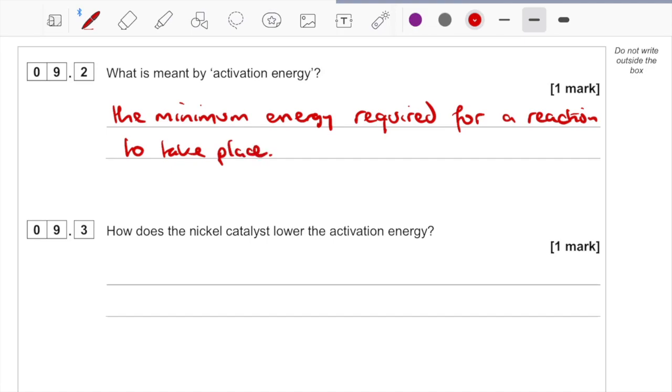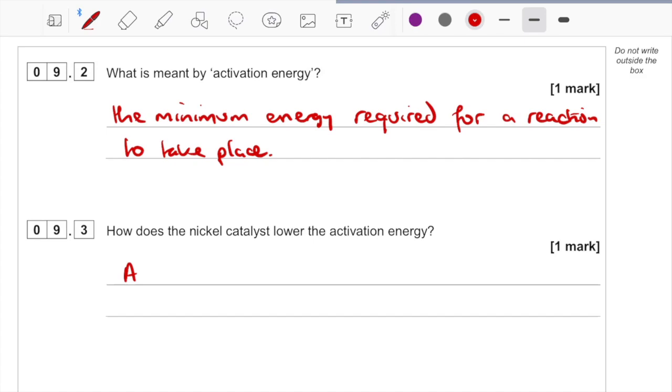Okay, and then how does a nickel catalyst lower the activation energy? What you have to make clear is that it provides a different reaction pathway. So I'm afraid it's one of those things, it's like a definition. You've just got to learn it.